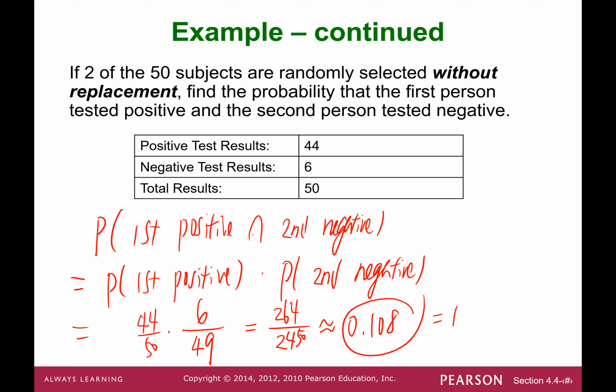If you turn it into a percent, it will be 10.8%. That's the chance that the first person tests positive and the second person tests negative. Again, independent is an assumption.